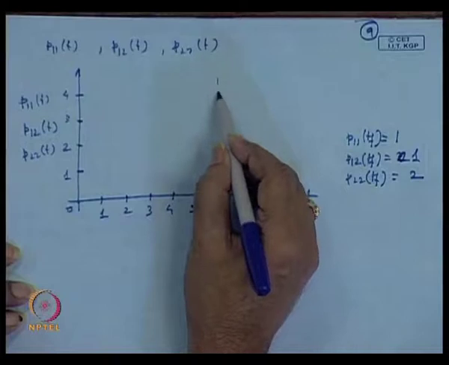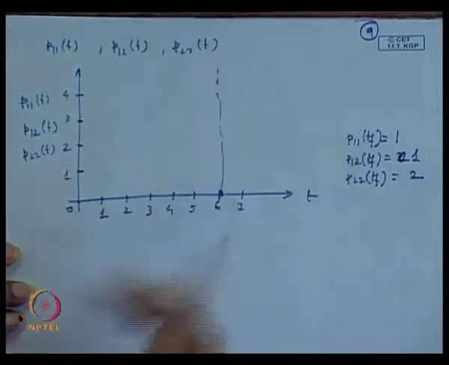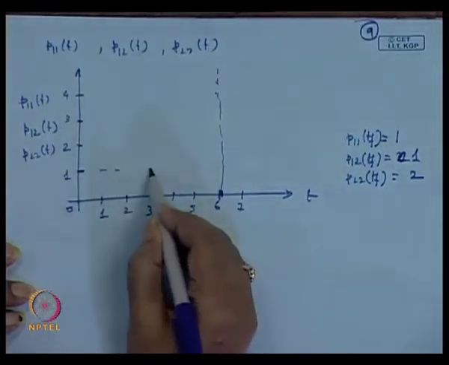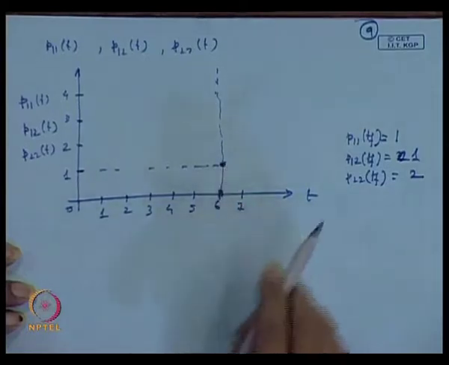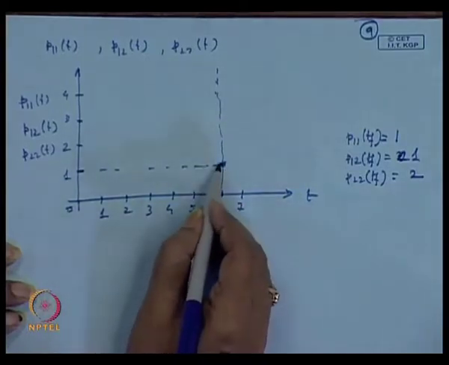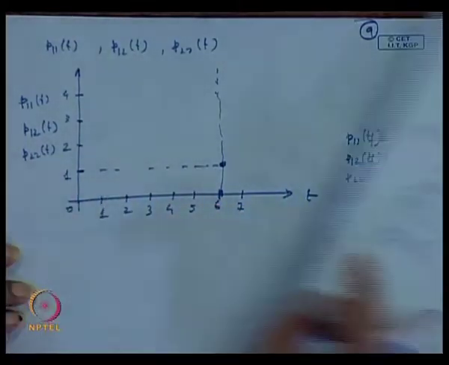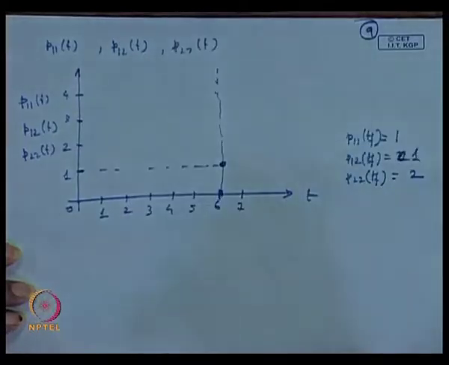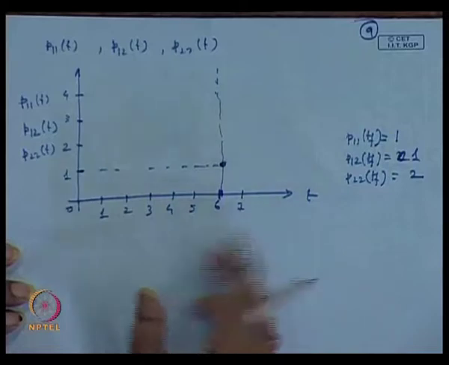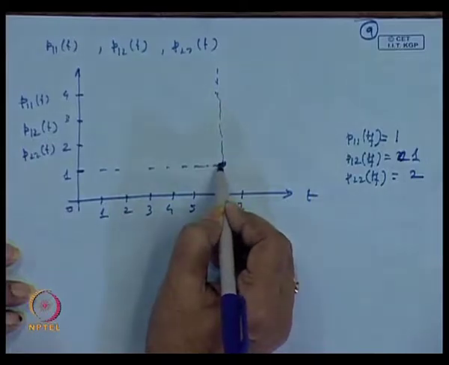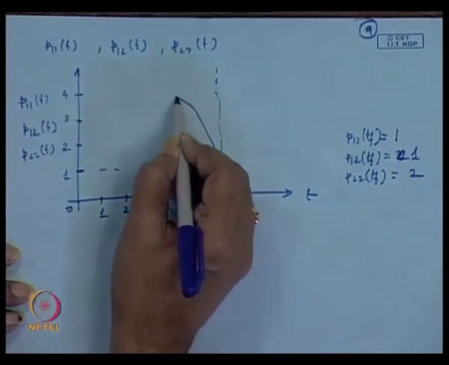Now, our final condition on P 1 starts from here. If you do the backward in time integration of this differential equation by numerical methods, that means by using the Runge-Kutta method, and use this terminal condition, you get a solution like this.